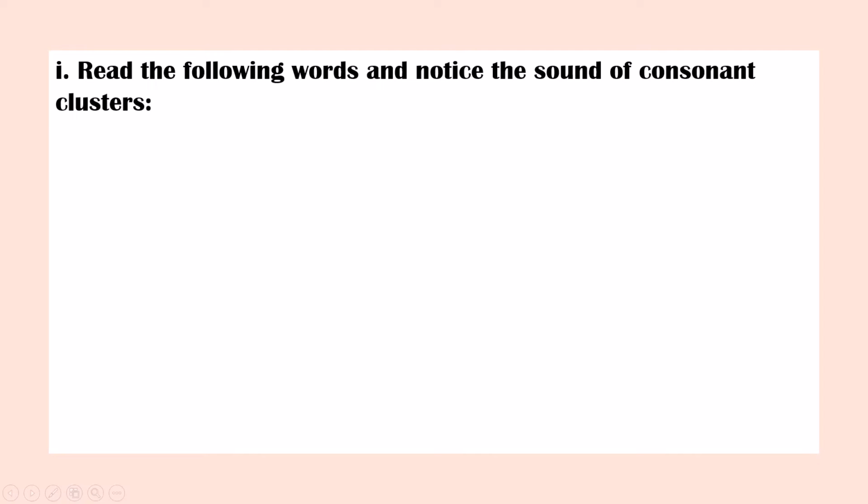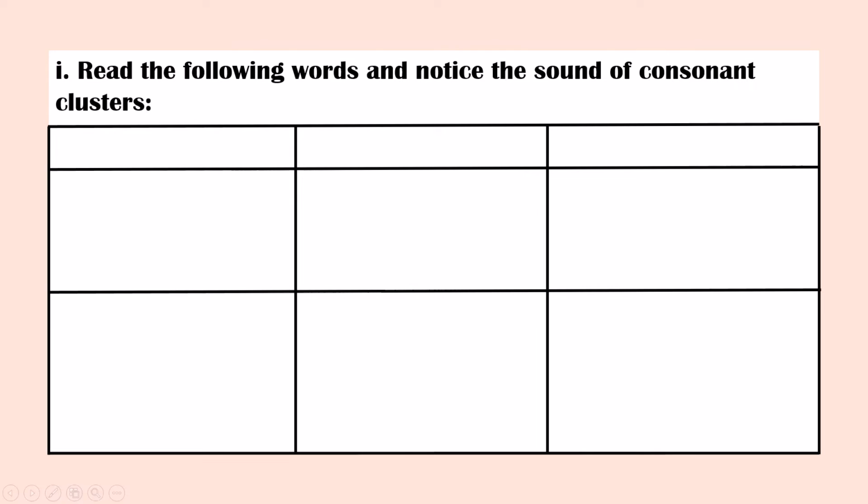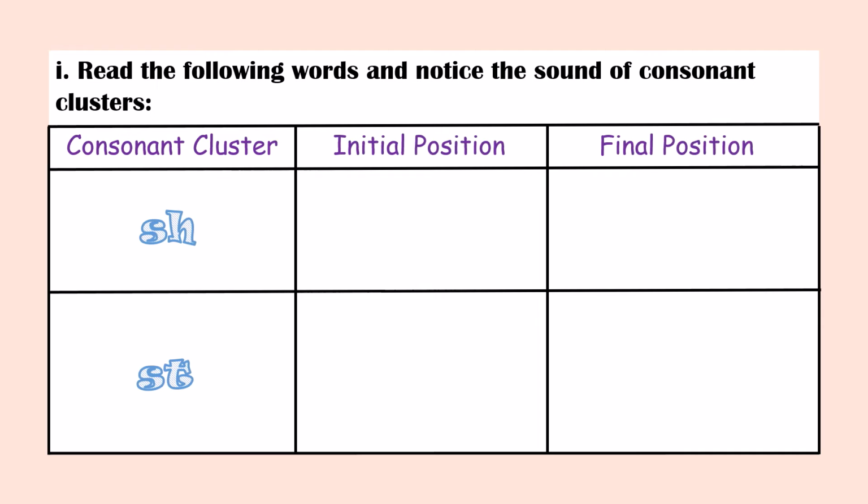Now, let's read the following words and notice the sound of the consonant clusters. Alright. Sh, st. We are going to see both initial positions of the consonant clusters sh and st as well as final positions.